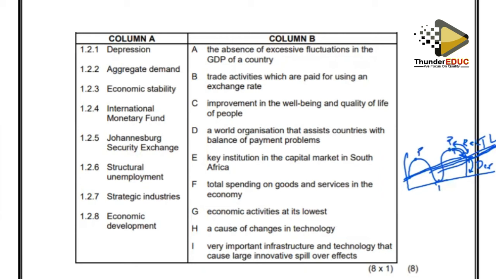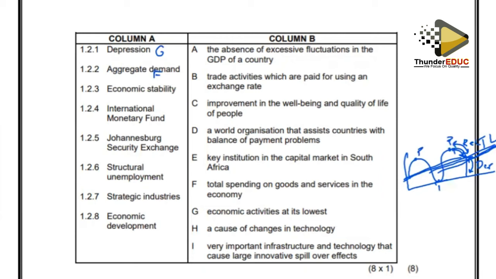Okay, right. So for 1.2.1, we have G, which is economic activities at their lowest. So the appropriate answer here is G. Then for 1.2.2, the appropriate answer is F, which is a key institution in the capital market in South Africa.